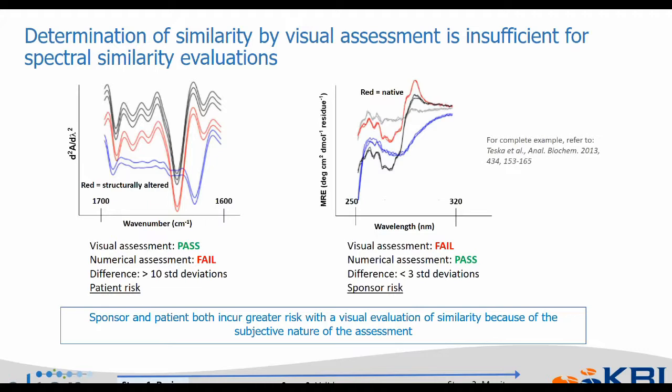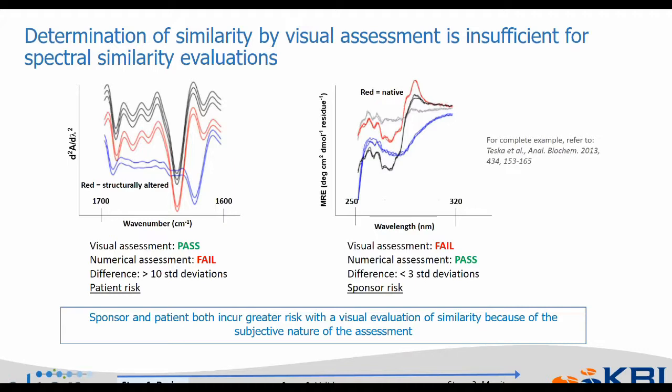fail. And in fact, the red is from a structurally altered sample. If you look at the population of measuring the red spectrum multiple times in the black population, they are more than 10 standard deviations apart. By any number of numerical assessment approaches, we can demonstrate that these are in fact significantly different from each other.